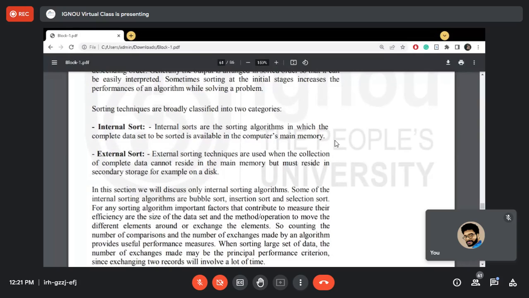External sorting techniques are used when the complete collection of data cannot reside in the main memory, but must reside in secondary storage, for example, on a disk. So if you read paging, you understand these things: how we take data from secondary memory to main memory and then cache memory, so that the CPU can utilize that data.